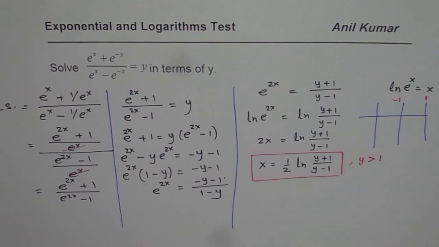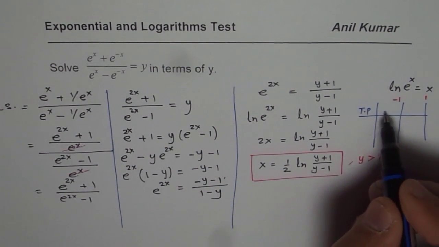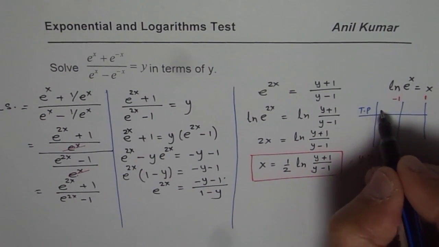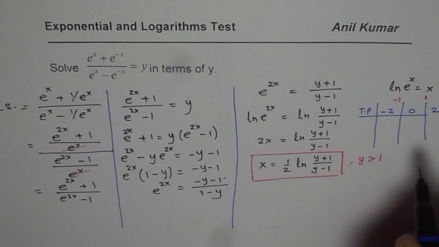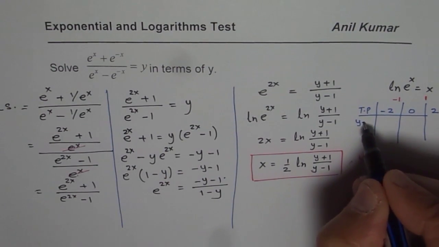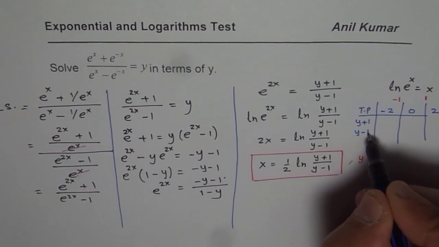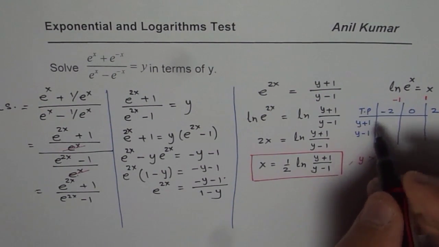Now let us take a test point between -infinity and -1, let it be -2, between them as 0, and then here as 2. So if I substitute -2 here, then what do I get? Let us check y plus 1 and y minus 1. If I substitute -2, I'll get negative.